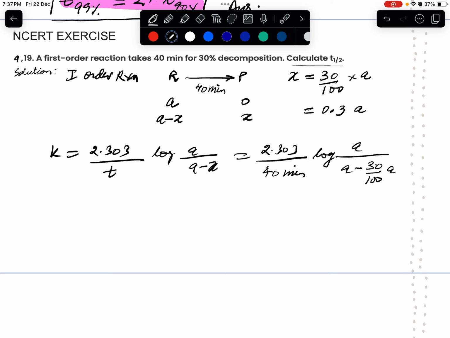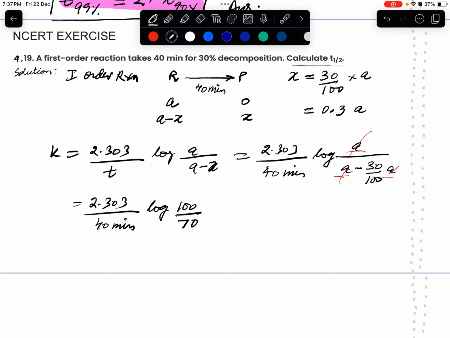Now we will simplify the values. We are getting 2.303 divided by 40 minute, and after we take a common, A will cancel out, and after simplification we will be getting the value log of 100 divided by 70.